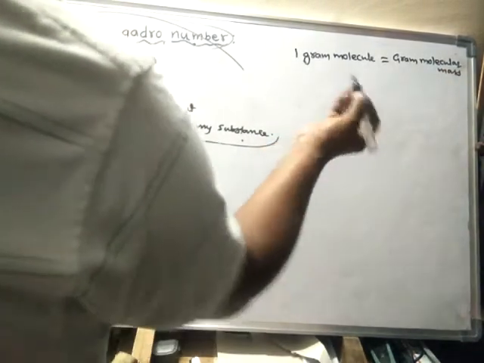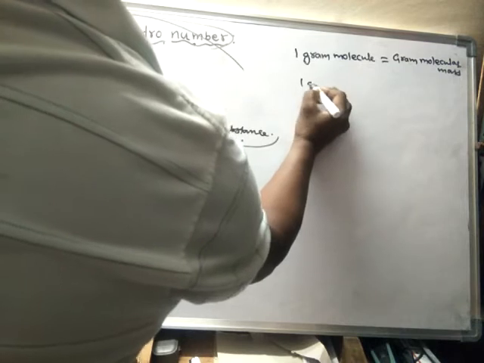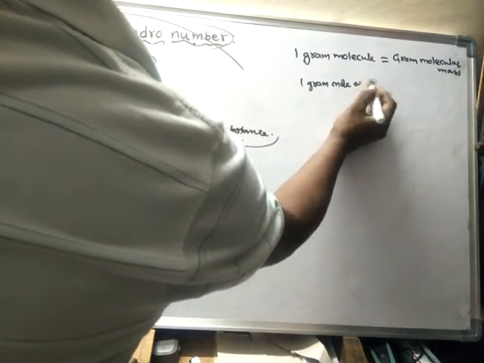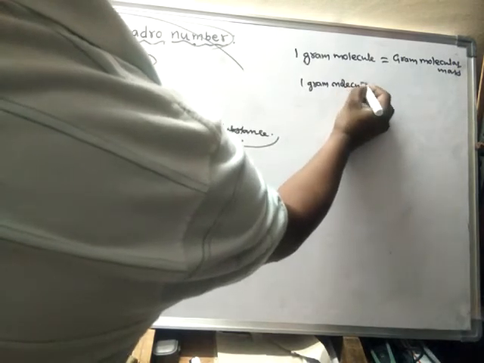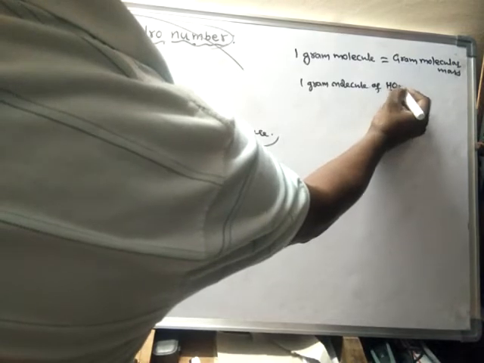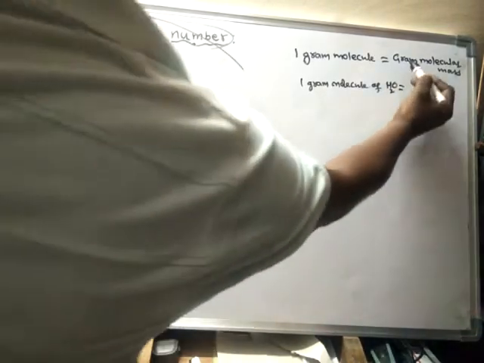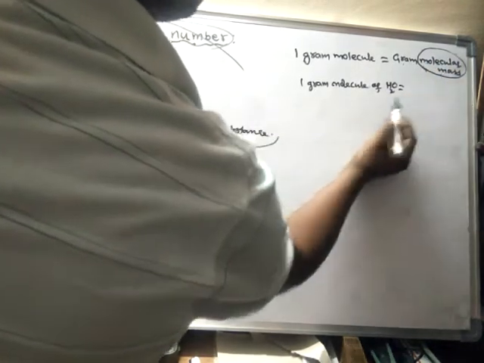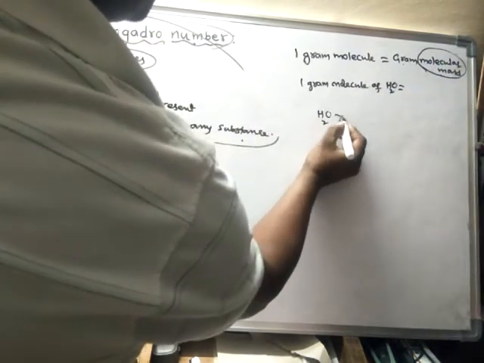For example, if I take 1 gram molecule of water, it is equal to how much? Gram molecular mass. So what is the molecular mass of water, H2O?